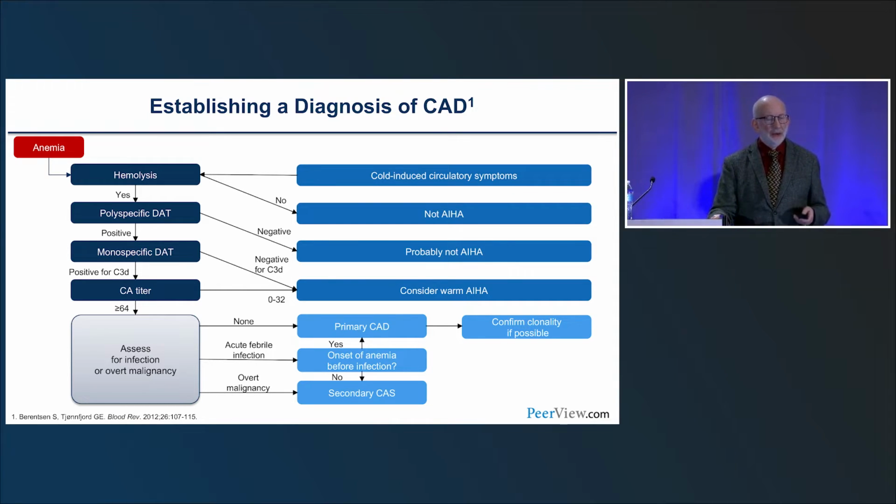And if you establish a diagnosis of cold agglutinin-mediated hemolytic anemia, then you have to assess for infection or overt malignancy. If there is none, you have a patient with primary cold agglutinin disease. If the patient has an acute febrile infection, the best question is, did the infection appear before or after the anemia? And if there is an overt malignancy, you must suspect secondary cold agglutinin syndrome.